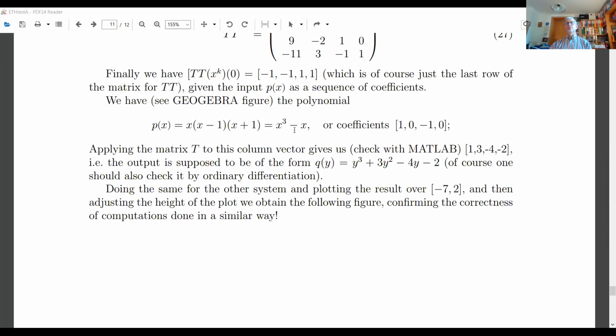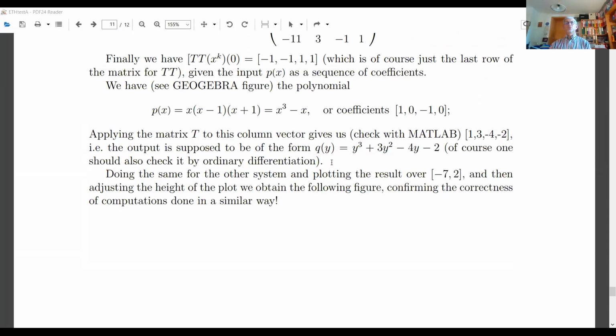So minus 1 is the scalar factor in front of the linear term. There are no quadratic and constant terms and so on. And if you apply the correct matrix, maybe not the one above, you are getting exactly the polynomial which should be this, but I think I have done some confusion.